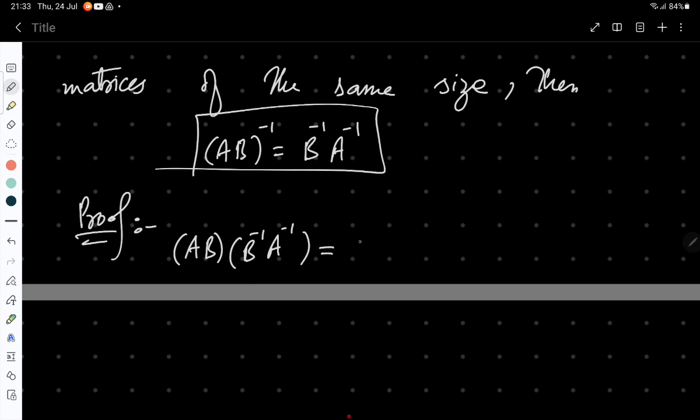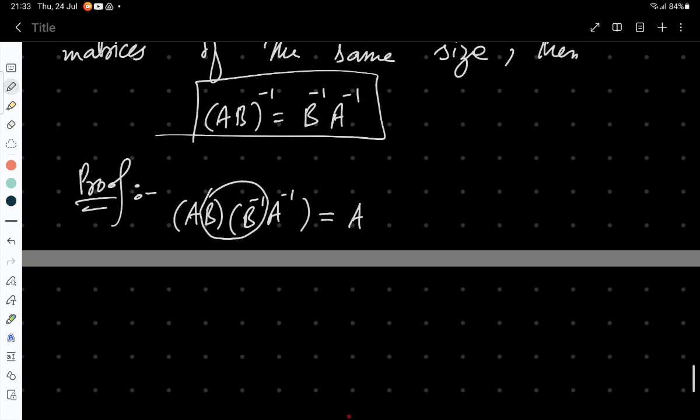So just multiply. First we use the associative property of matrices with respect to multiplication. What is associative property? It says if you multiply these two first or these two first and then the rest, you will get the same result.